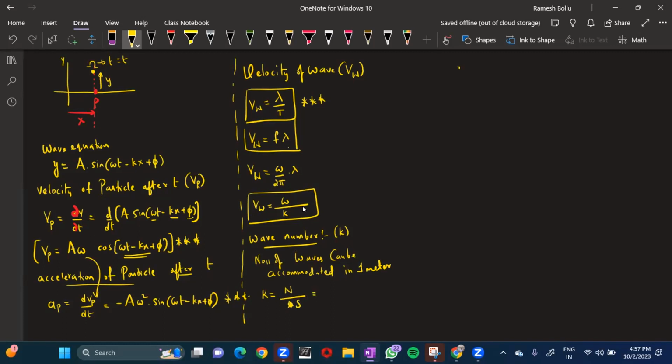How many waves can you accommodate? You can write n into 2 pi divided by the total distance traveled, which is n into lambda. N waves travel a distance n lambda. N cancels out, so k equals how much? 2 pi by lambda. This is the formula for what here, children? Wave number.